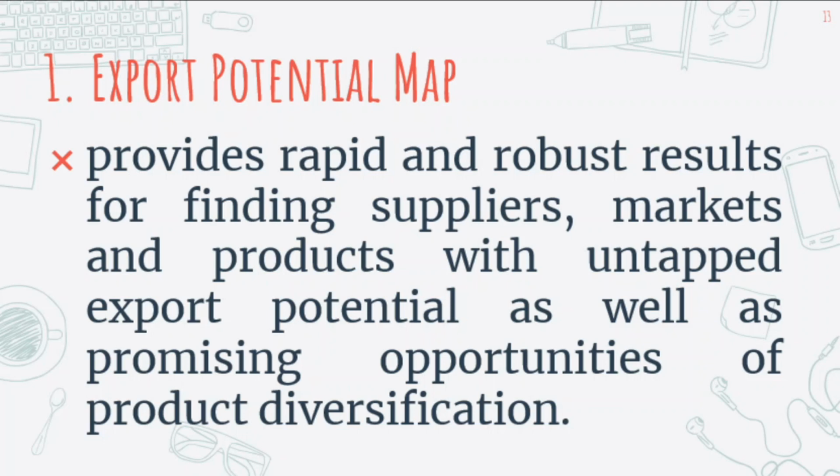Now, halimbawa you conducted an export potential, when you see an export potential map, ang nakalagay doon, halimbawa si Colombia, ang export potential niya, it covers 11 billion of coffee products worldwide. Okay, ibig sabihin, yung potential na meron or makapag-supply si Colombia for the whole world. So, they cover 11 billion of coffee products.